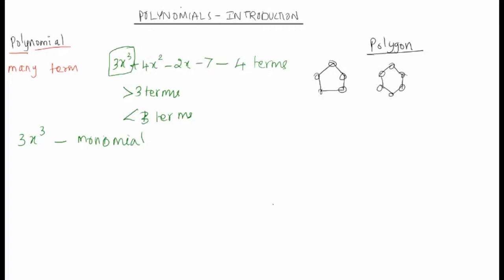Similarly, if we had 4x square along with 3x cube, that is 3x cube plus 4x square, then it's called a binomial. Again, if we have 3 terms, that is 3x cube plus 4x square minus 2x, then it will be called a trinomial.